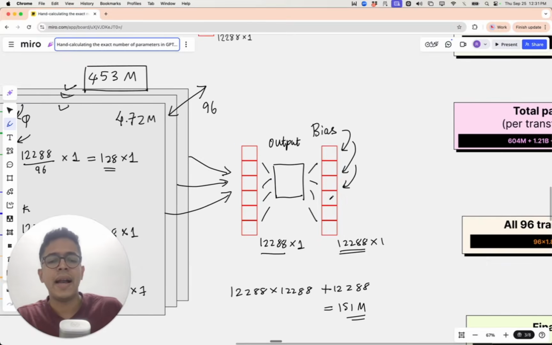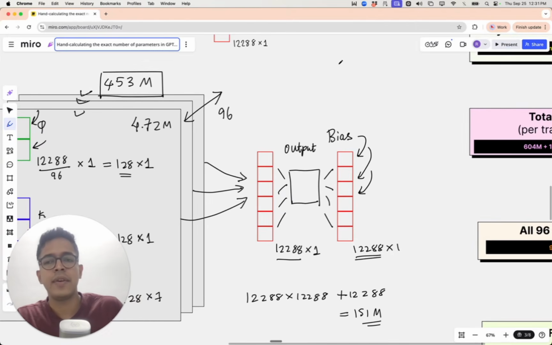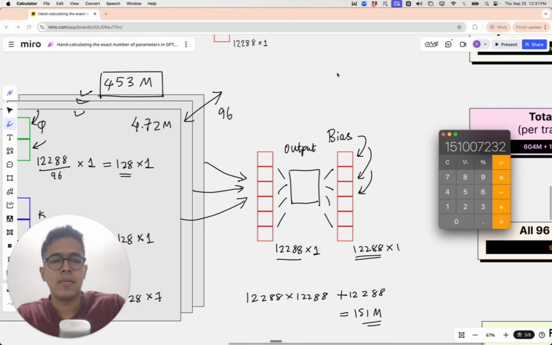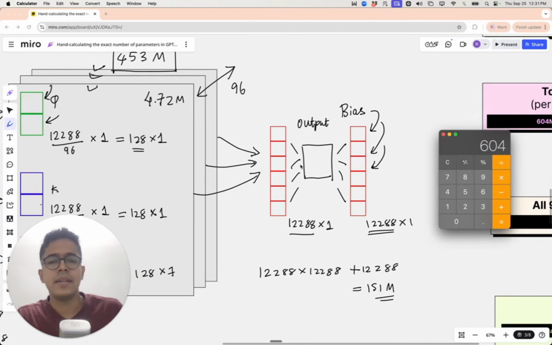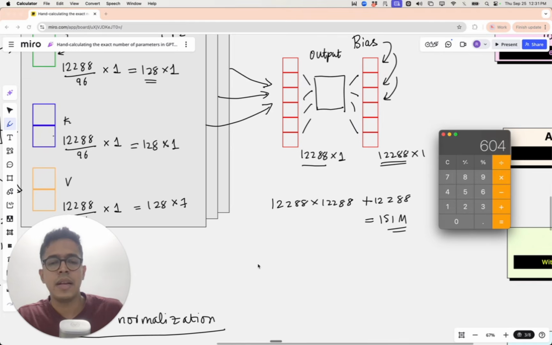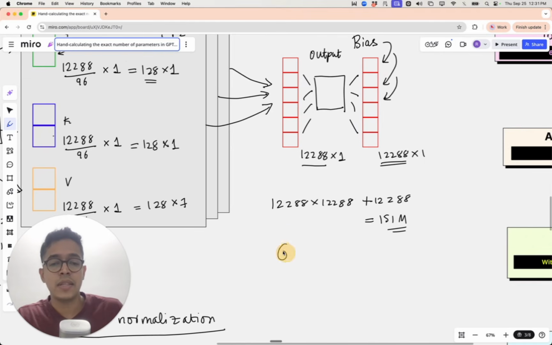So you have to add this 151 million to 453 million. So 151 plus 453 equal to 604 million. So finally, inside our multi-head attention, counting the output transformation, we will have 604 million parameters.